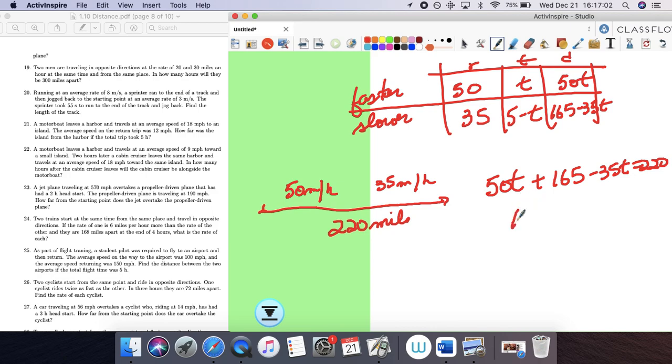Combine like terms, we get 15t plus 165 equals 220. Subtract 165 from both sides. Remember there's a wall here. And that's going to give us 45. Sorry, not 45. Apologies.